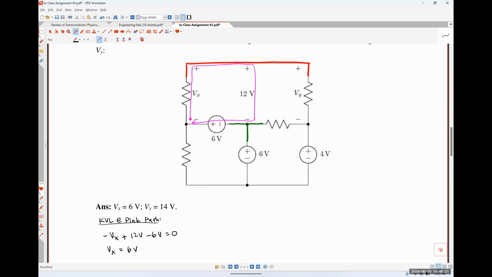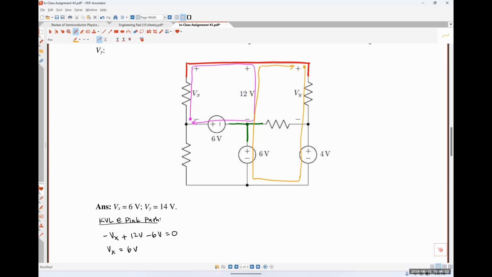Easy peasy. I would like for you guys to try to find a path that we could use to find Vy. You're going to have to describe it to me so that I can draw it. Could we go Vy to 4V to 6V to 12V? So I believe you were describing this path, okay?